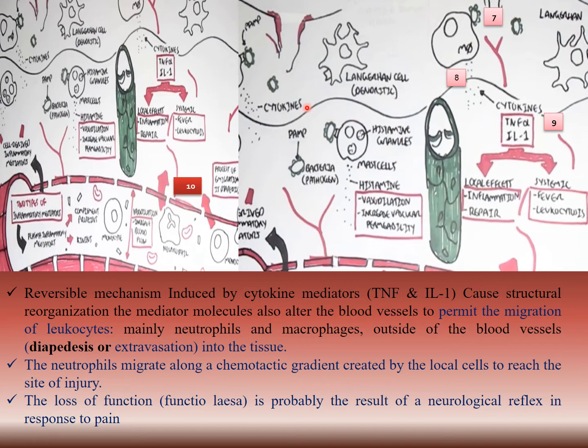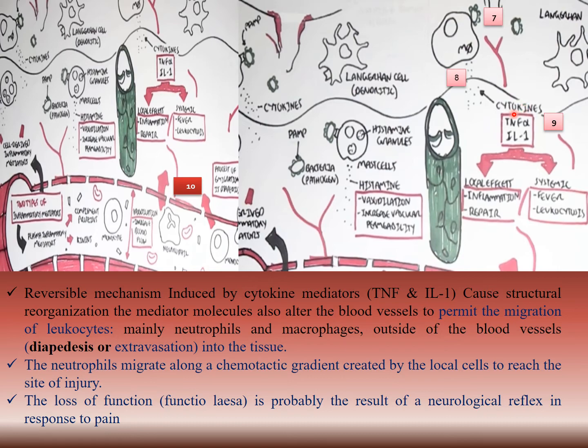After that, the foreign antigen will attach to the macrophage to activate it, and the macrophage will be induced to produce other inflammatory mediators such as cytokines. Cytokines are small proteins whose basic function is to transmit molecular and cellular signals from one cell to another.